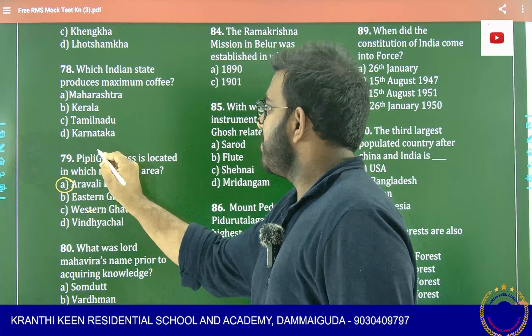Ghat means the up and down of the road, like roads constructed on a mountain in a slanting way, going up and down. That is what a Ghat is.